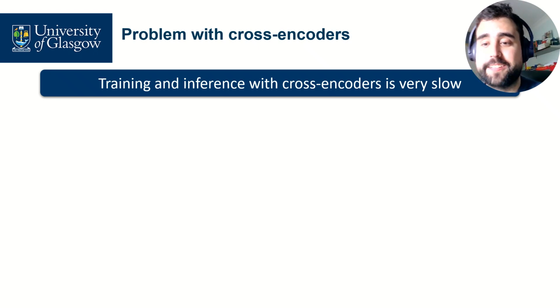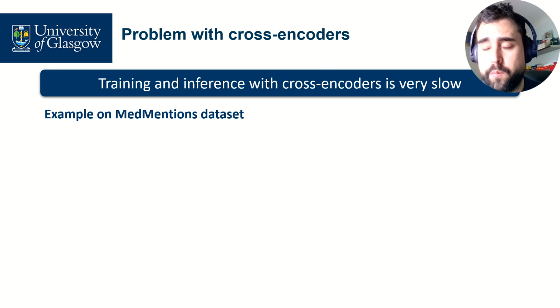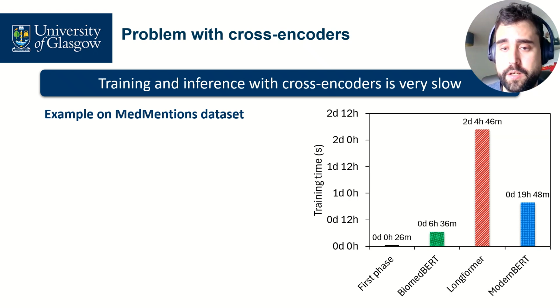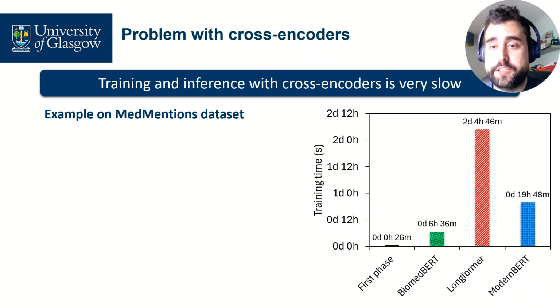Cross-encoders are very effective as re-rankers, but they have a serious problem, and that is that it takes a long time for them to be trained and to be applied. To show some numbers, we did an experiment on one of the most well-known biomedical entity linking datasets, MedMentions, and we observed the following. When we trained a first stage n-grams model, it only took around half an hour to train.